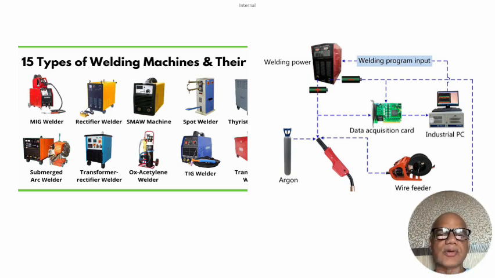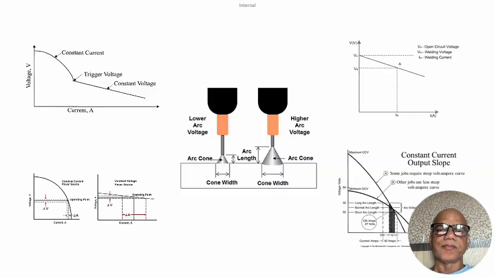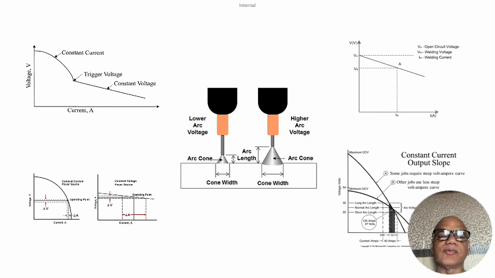Now let's move on to the very important topic of how the welding characteristics get decided based on the voltage current characteristics, or the voltage current chart or a graph. We'll see it in the next slide. As you see here, there are two types of graphs.